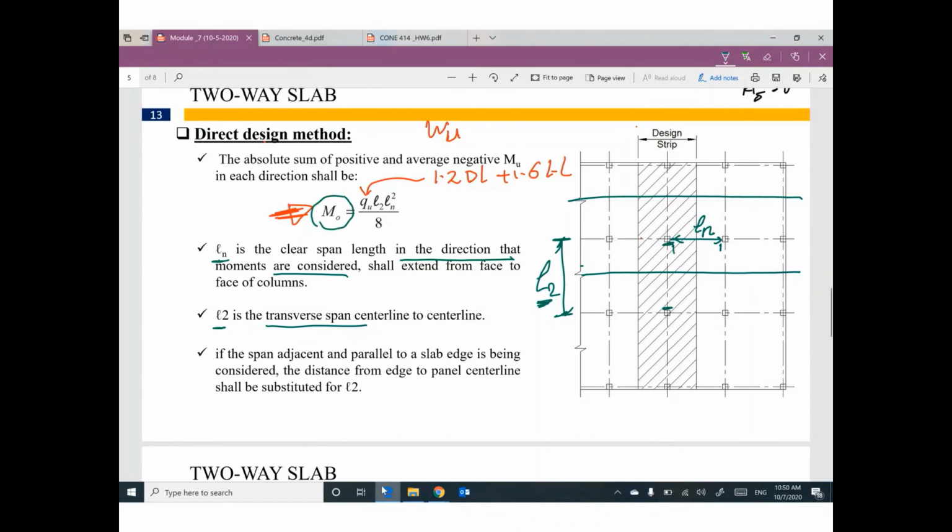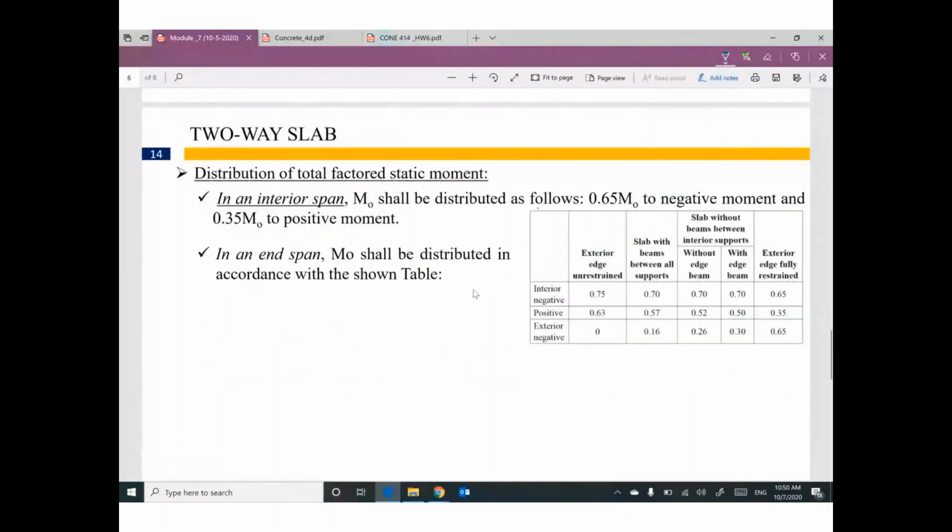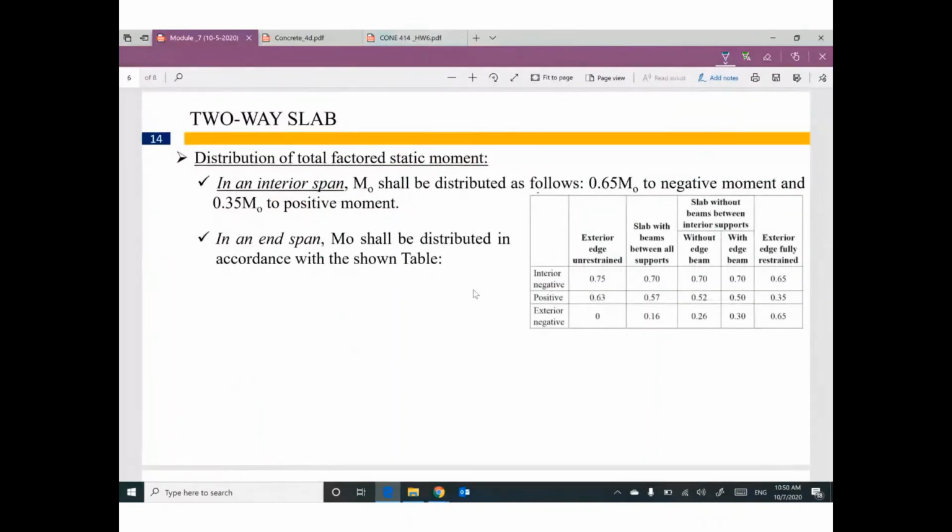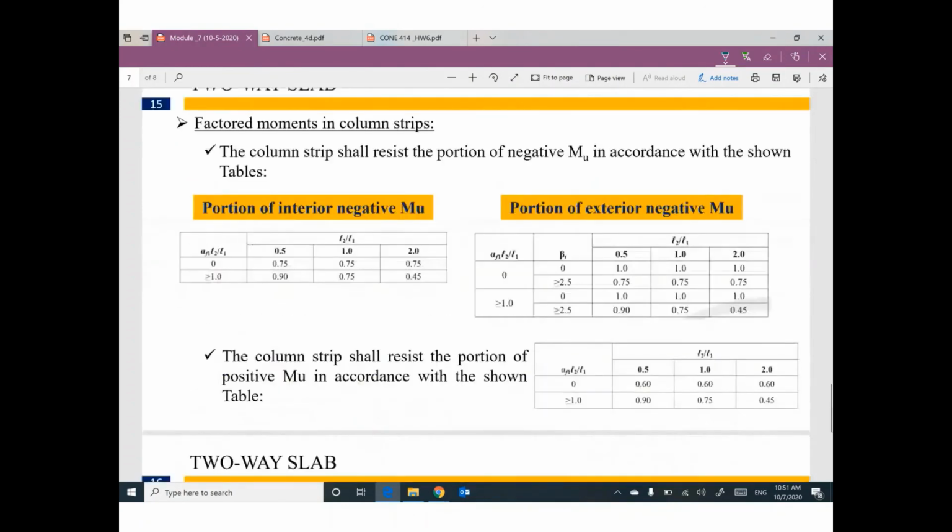Once you calculate your M naught, I'm going to divide this M naught between positive and negative values: 0.65 to the negative, 0.35 to the positive moment. The positive moment will be divided between the column strip and the middle strip.